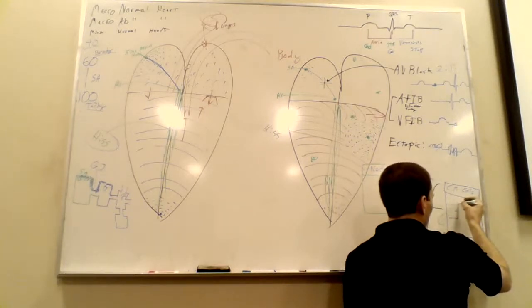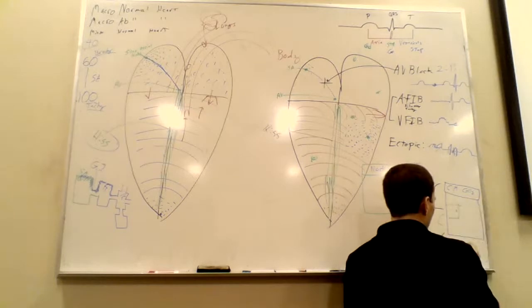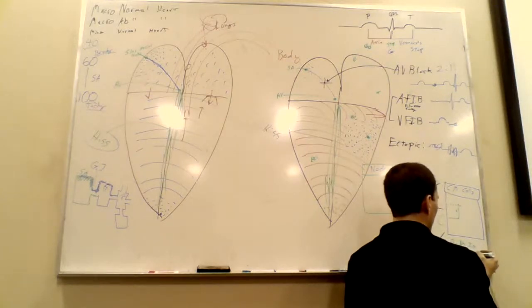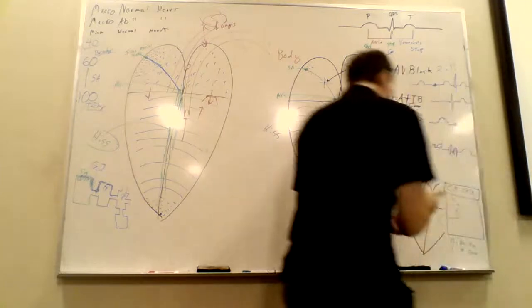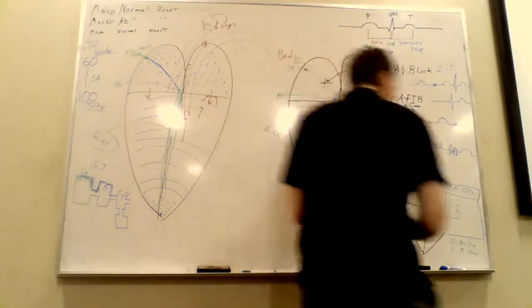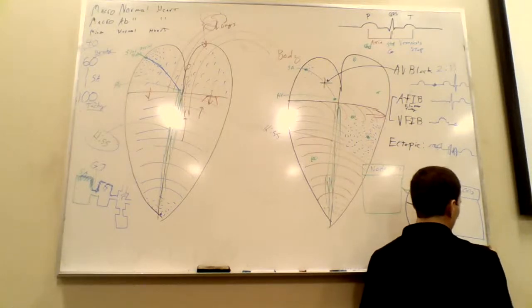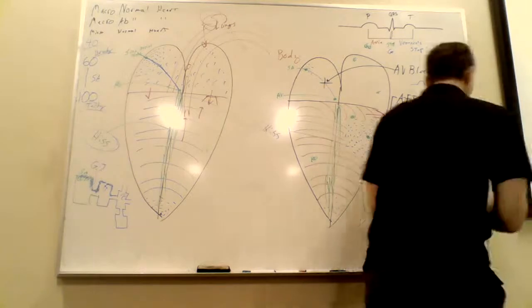All right, so once you get up high enough, then the potassium channels open and flow out. And the sodium channels will go ahead and close. So I'm just going to write sodium close in red right there.